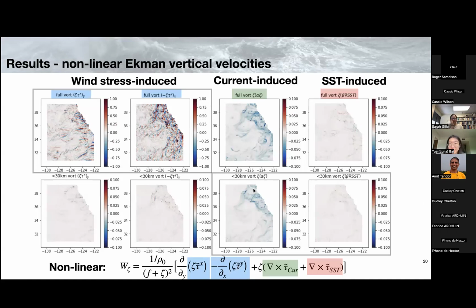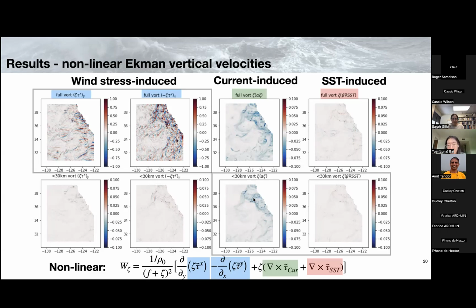That's a very good point, because as you said, this wind stress curl coming from the current-induced components, we can approximate it as alpha times vorticity. And so this whole term just becomes alpha times vorticity squared. And alpha is negative, because the correlation between vorticity and wind stress curl is negative, so that's why I guess we're predominantly seeing this term be negative.